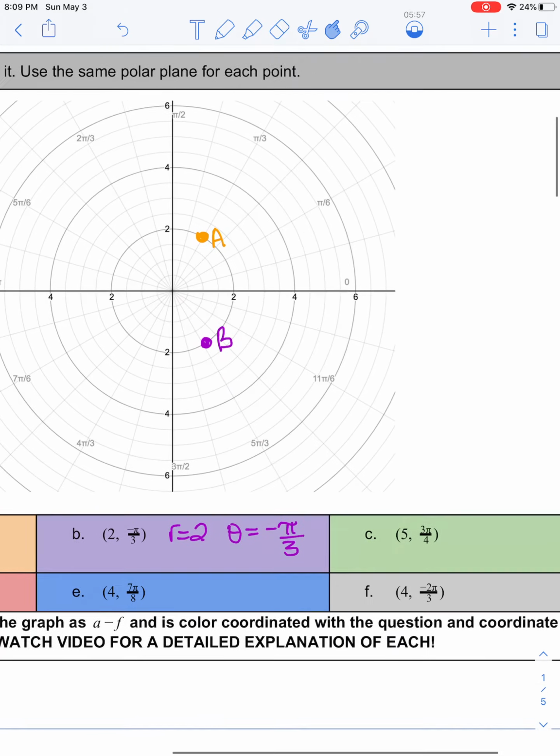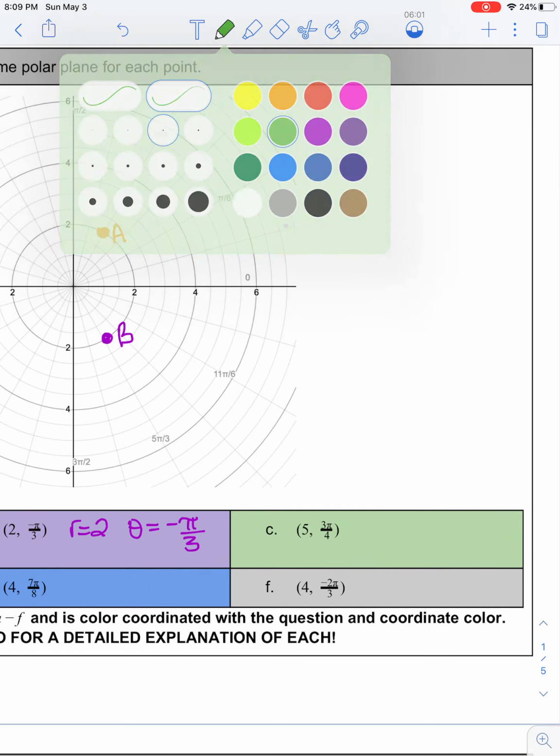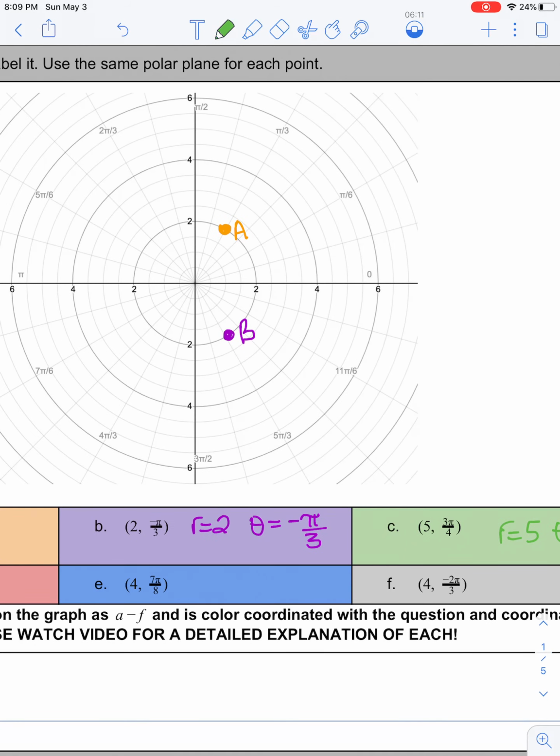In point C, we are told that we have a radius of 5 and a theta value of 3 pi over 4. So on our grid, we start here on our polar axis and plot along the radial line that corresponds with 3 pi over 4.